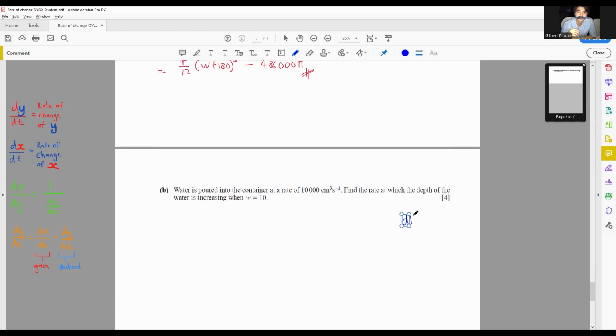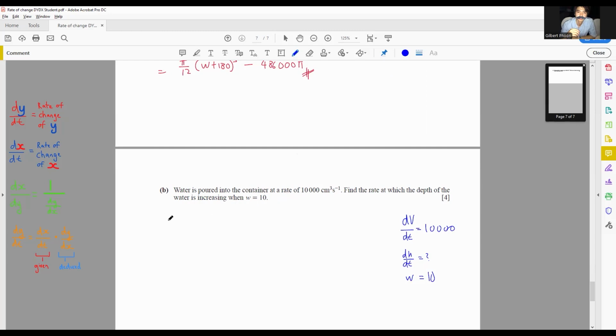So dV over dt is 10,000. Then find the rate at which the depth of water is increasing. So dW over dt is the question, and W is 10. Okay, W is not h, W is 10.